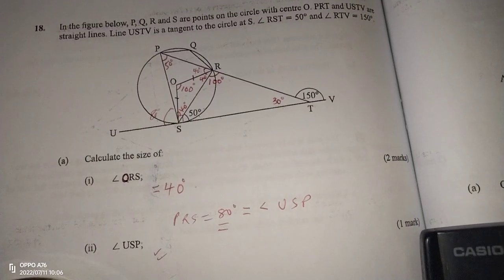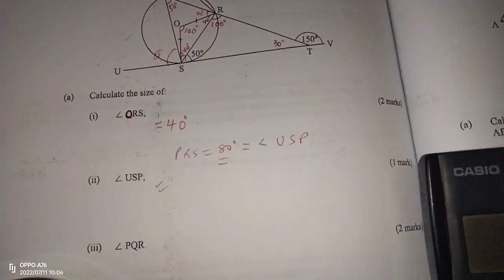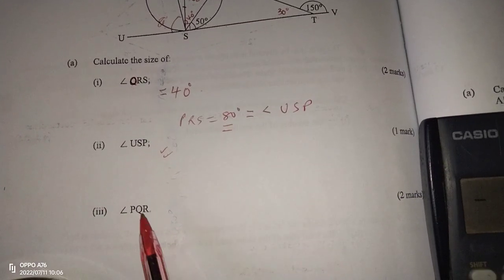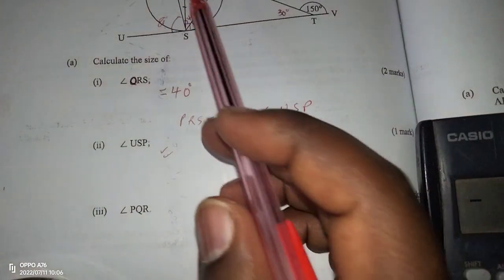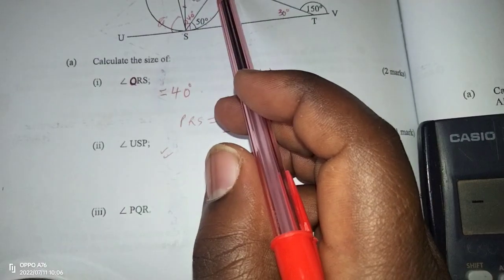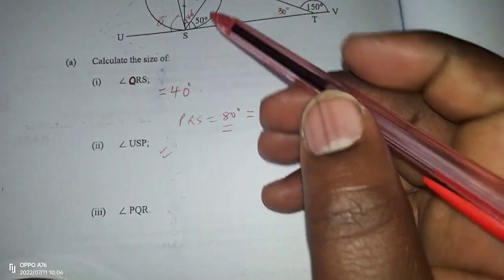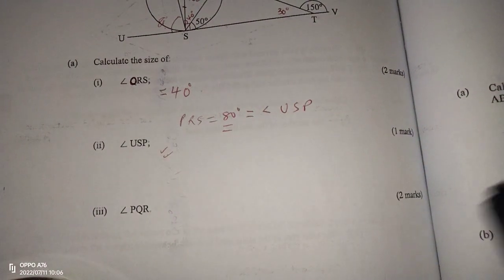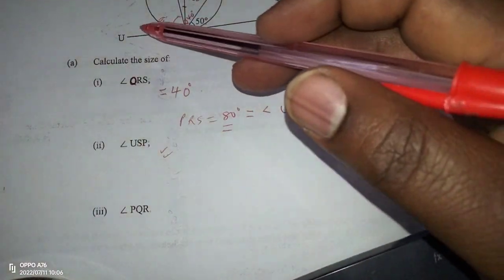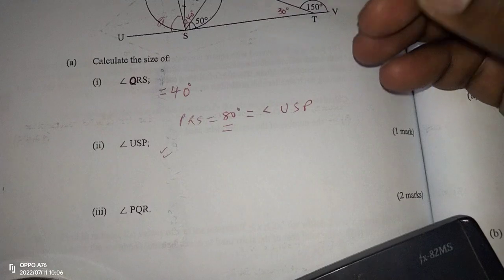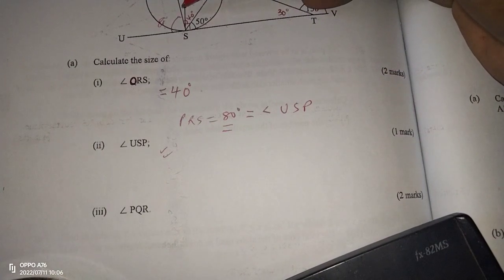If Roman 2 is sorted, let's look at Roman 3, PQR. Let's sort PQR. We know that this is along a straight line, so we can get the small angle at this point.